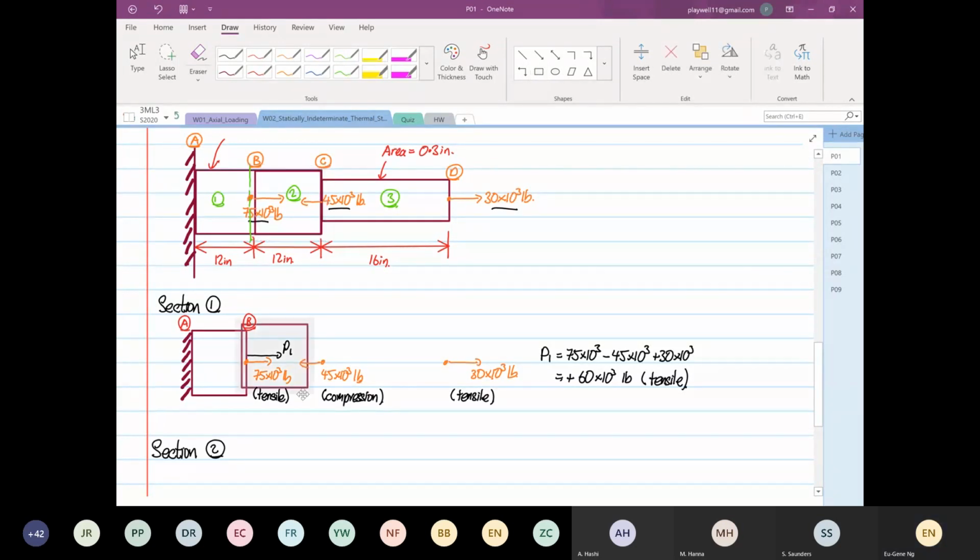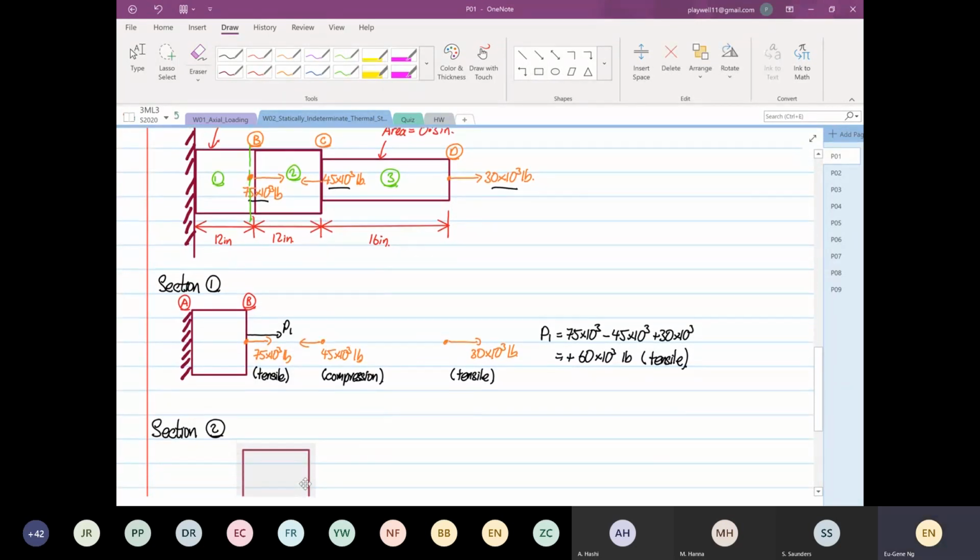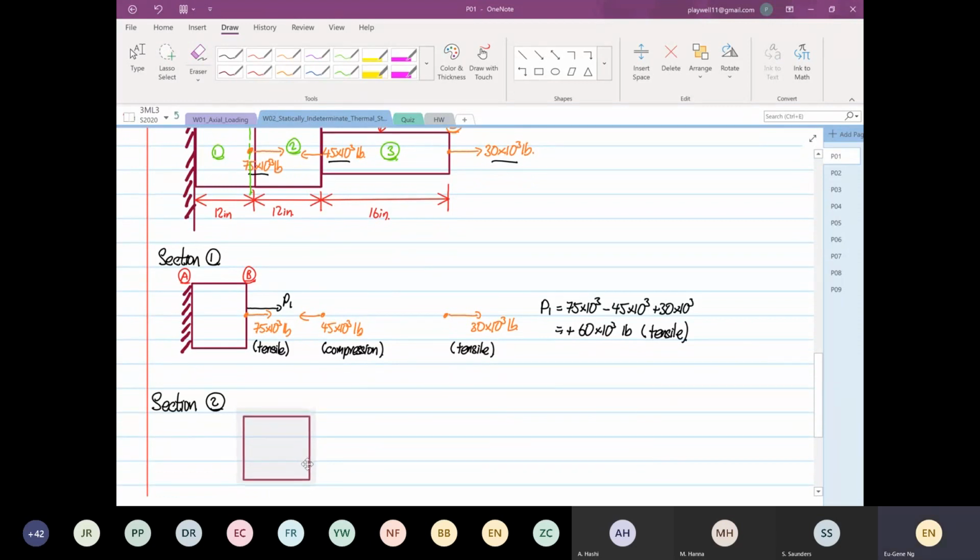All right, so this is our section number 2. And for section number 2, we are going to see a compression of 45. Okay, let me redo this.